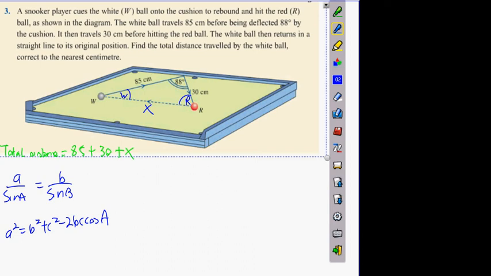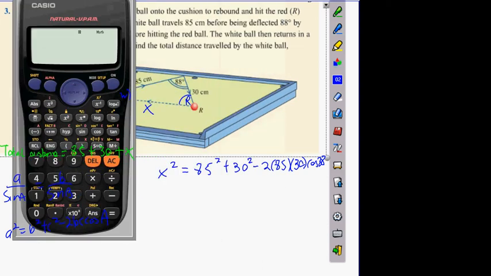So we're going to go for X squared equals 85 squared plus 30 squared minus 2 times 85 times 30 cos 88. You're going to go straight to the calculator. What you're going to get is 85 squared plus 30 squared minus 2 times 85 times 30 cos 88.